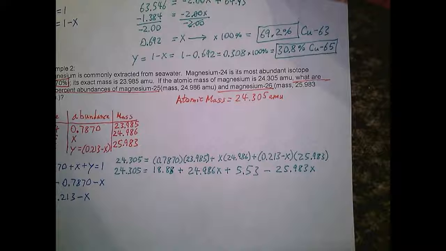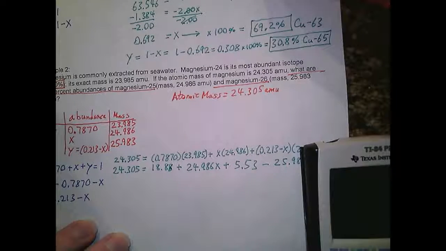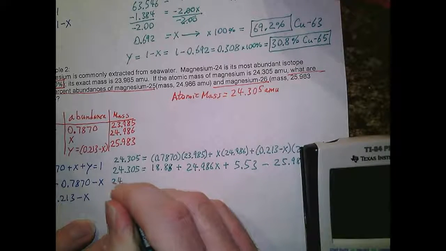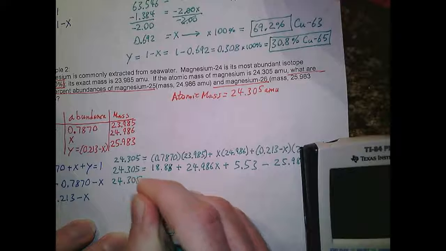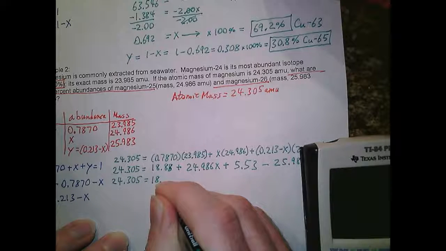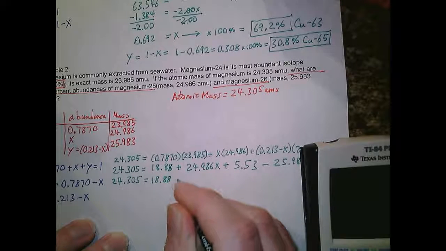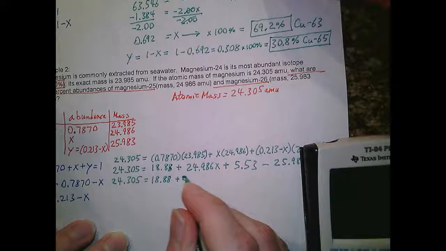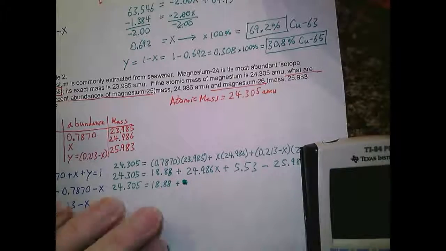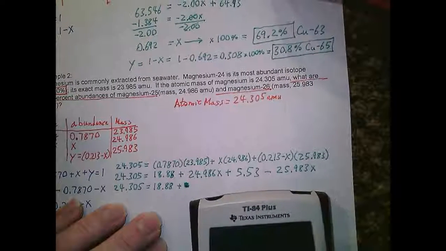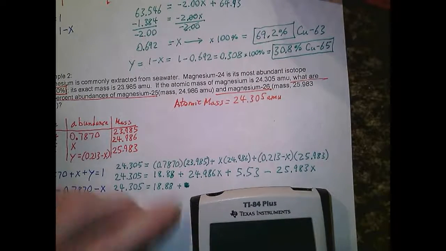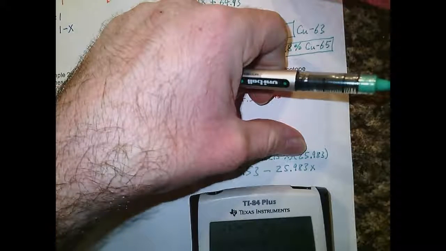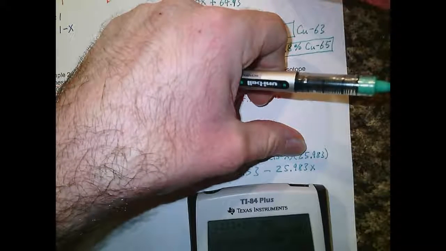I can take it one step farther and combine like terms. We're going to do 24.305 equals 18.88 plus, we don't know that yet, so we do 24.986x minus 25.983x.